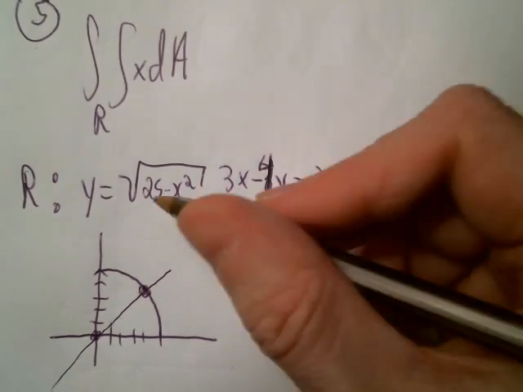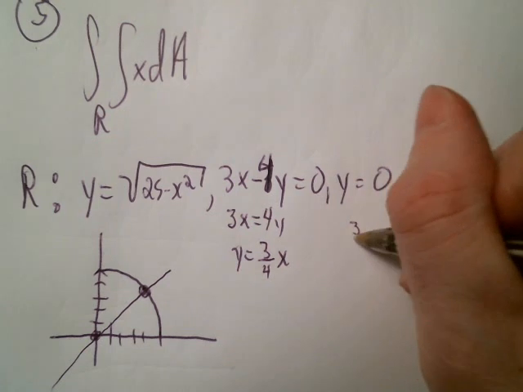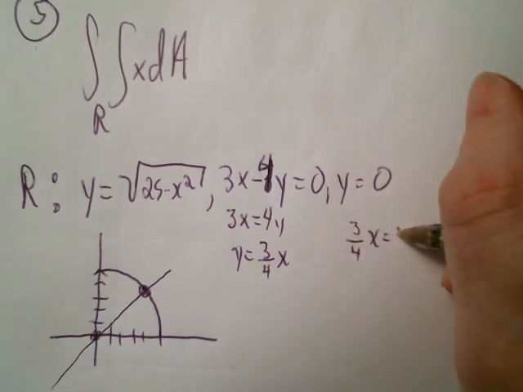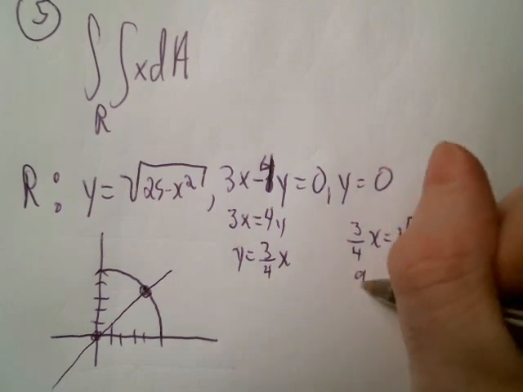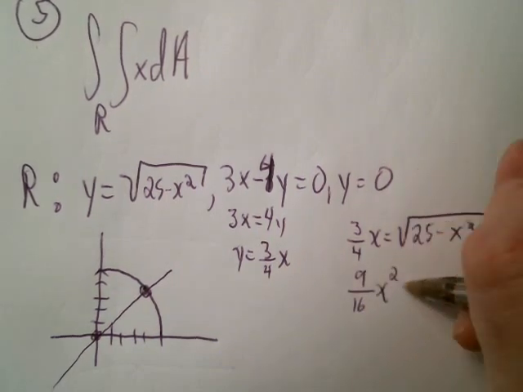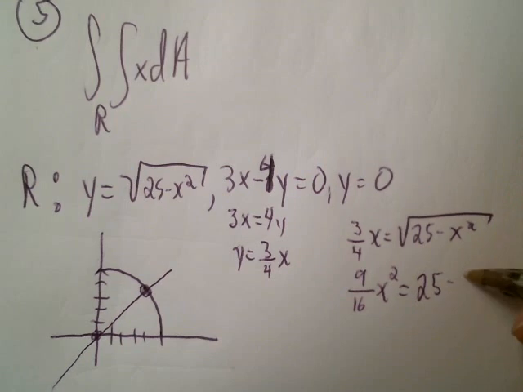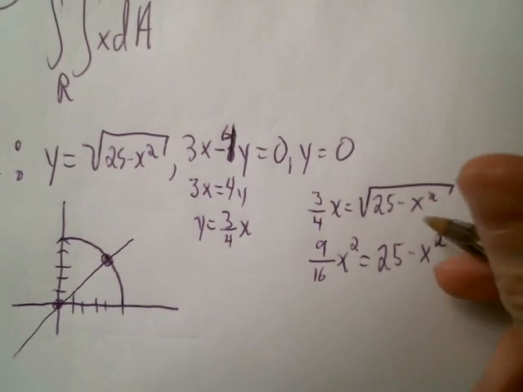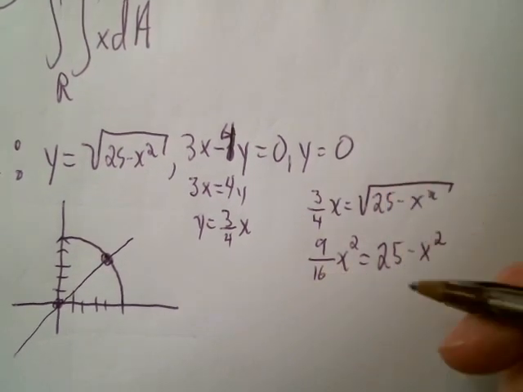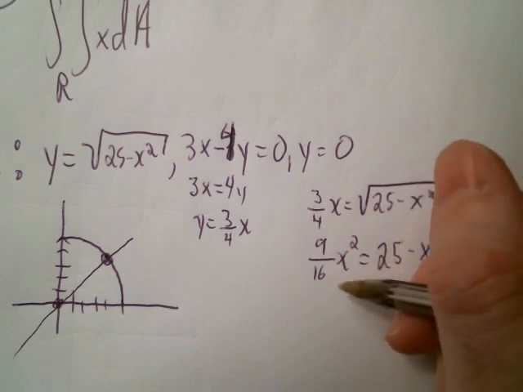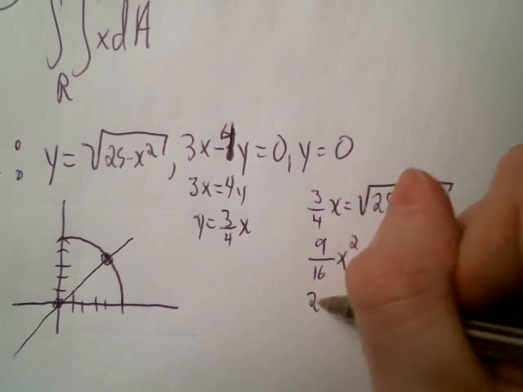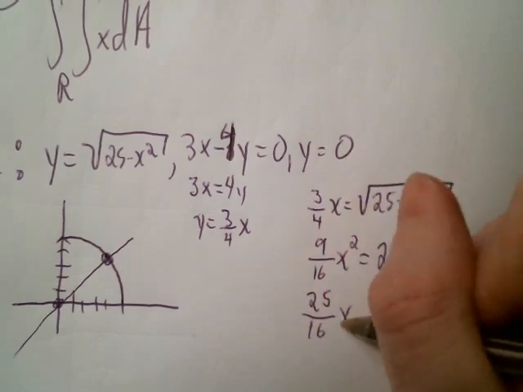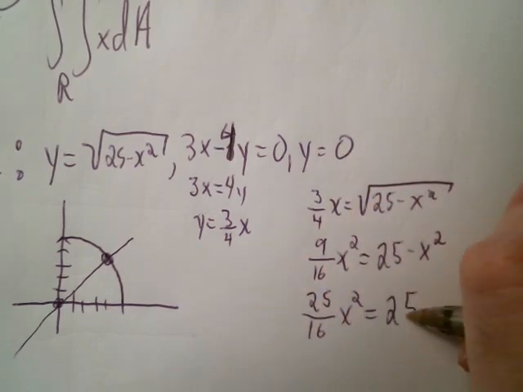Okay, so I could just set this equal to that, and I'll get 3/4 x equals square root of 25 minus x squared. Square both sides, you get 9/16 x squared equals 25 minus x squared. Okay. I'm going to add this over, so you get 16 over 16 plus 9 over 16 is 25 over 16 x squared, and over here is 25.